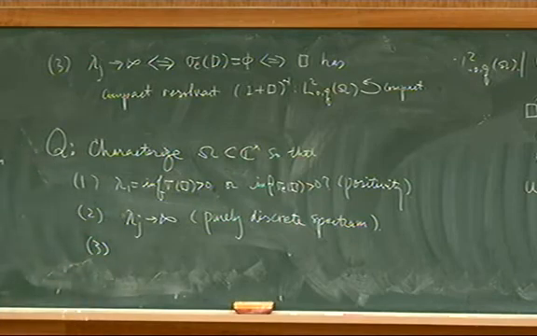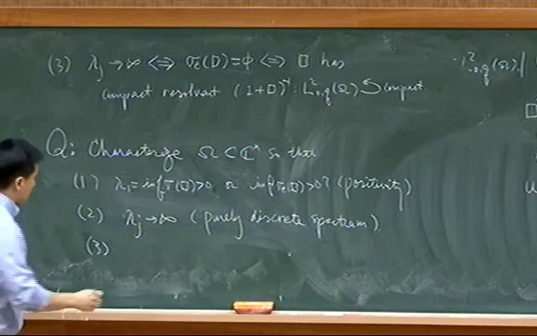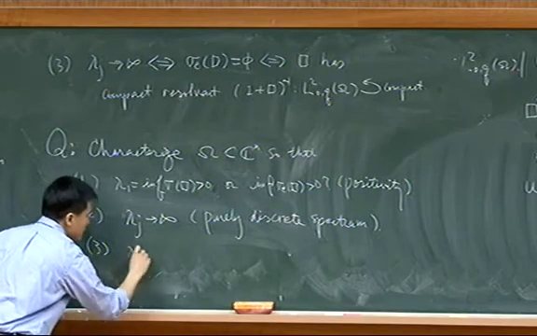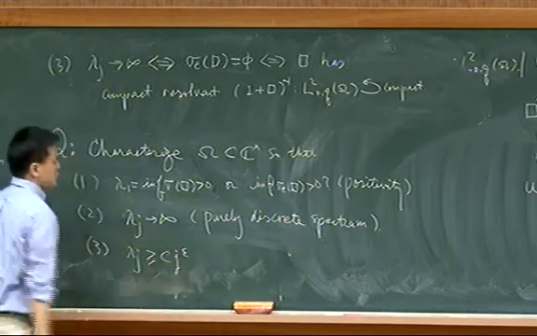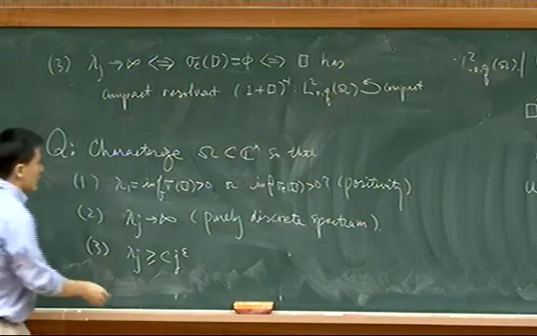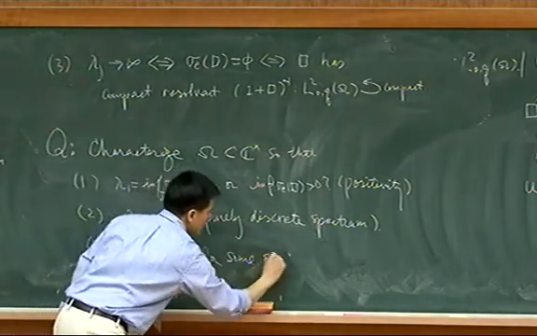The third is: if it goes to infinity, how fast can it go to infinity, and how does this relate to the geometry? For example, how would you know that lambda j goes to infinity like some power of j, say j to the epsilon for some epsilon greater than 0?